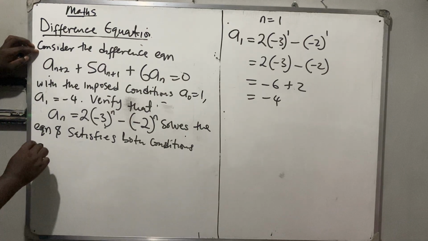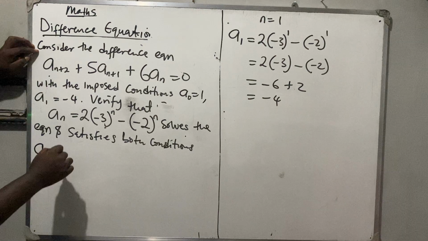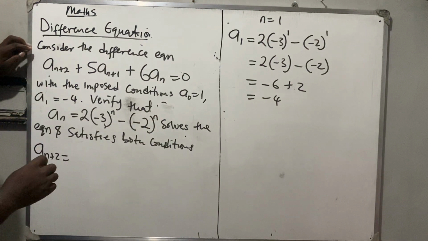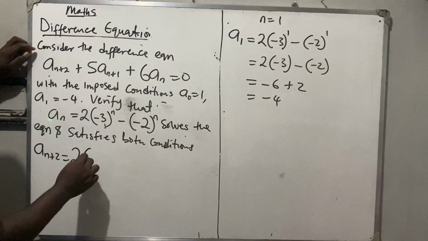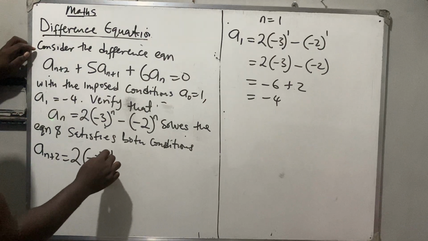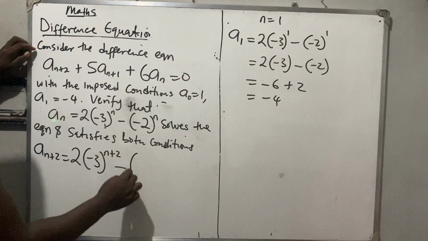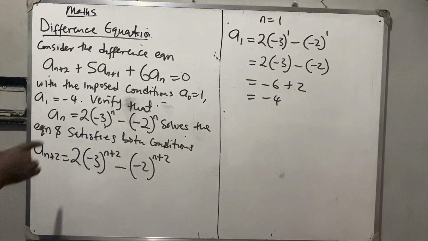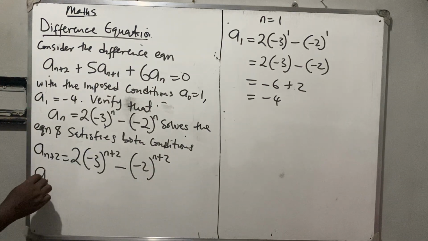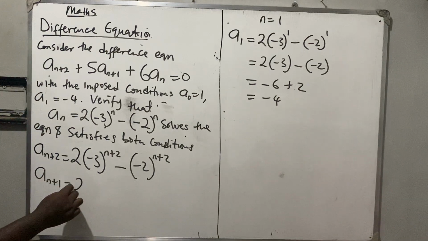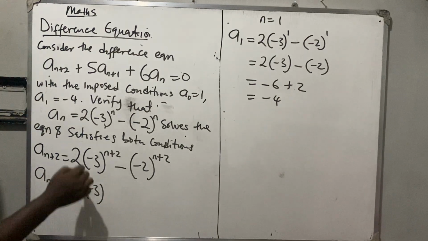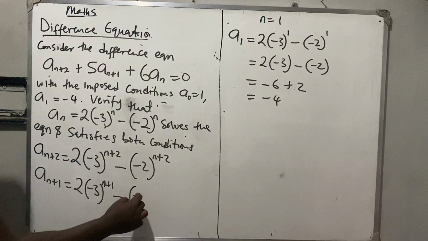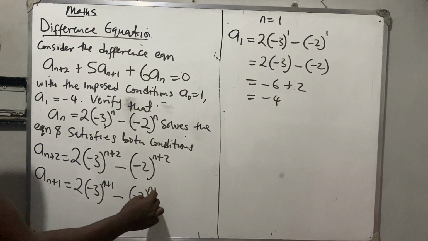So for a n plus 2, anywhere I see n here, I will change it to n plus 2. So this will now be 2 into minus 3 raised to power n plus 2 here, minus 2 raised to power n plus 2. So this is that. Let me get a n plus 1. It will now be 2 into minus 3, anywhere I see n, I will change it to n plus 1, minus 2 into n plus 1 again.